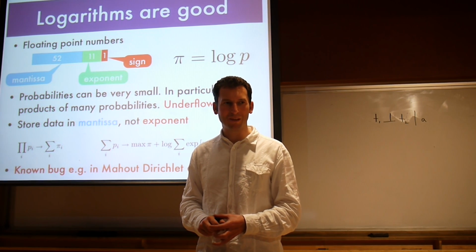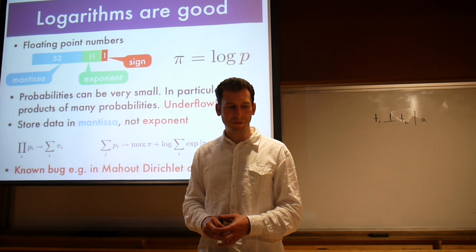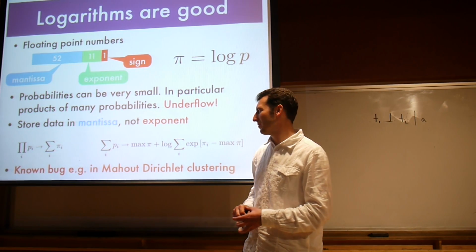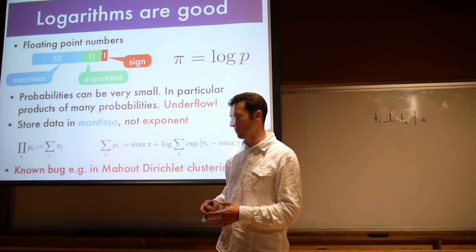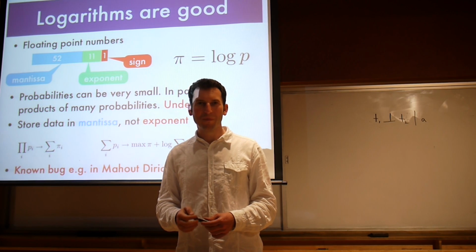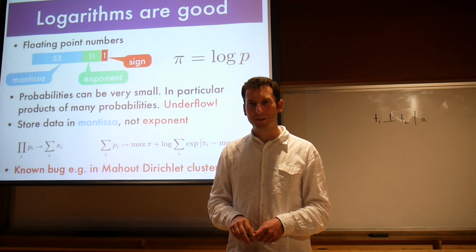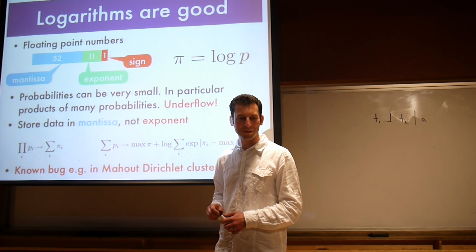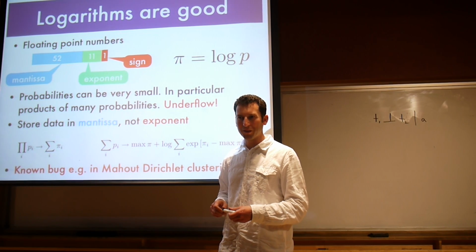Or at some point you will get division by 0. Now you might say, well, hey, this is sort of obvious. Yeah, it is, except that if you go through some code, so at least a year ago in the Mahout Dirichlet process clustering, they fell into that trap. They fell into a few other traps too, but that was one of the bugs that they had. They worked with probabilities.